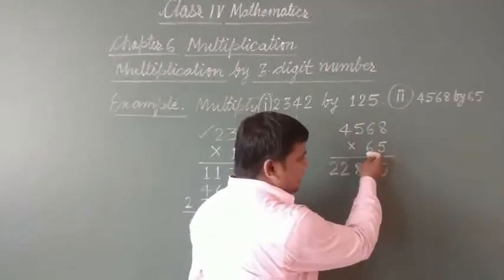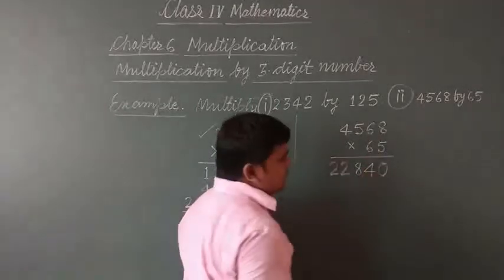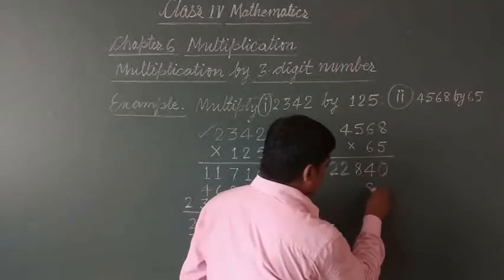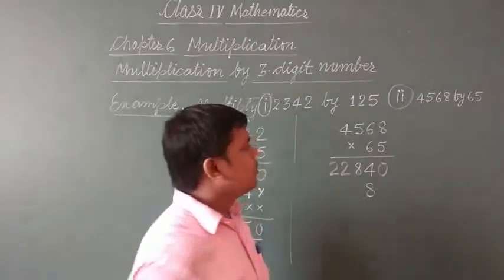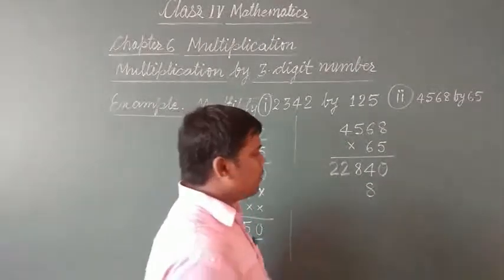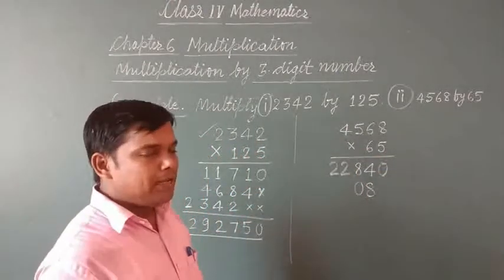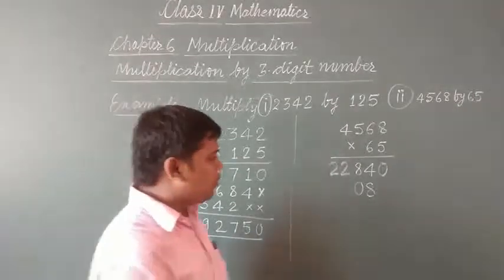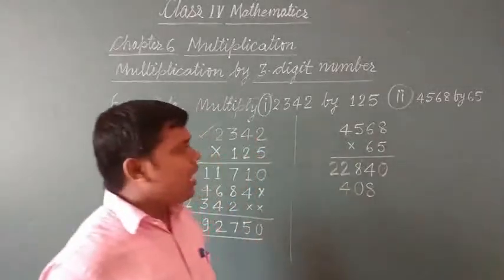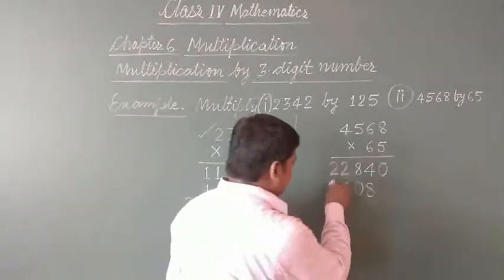So as it happens, we start right from here. 8 6s are 48, 8 carry 4. 6 6s are 36, 36 plus 4, 40, 0 carry 4. 5 6s are 30, 30 plus 4, 34, 4 here, carry 3, and 6 4s are 24 plus 3, 27.